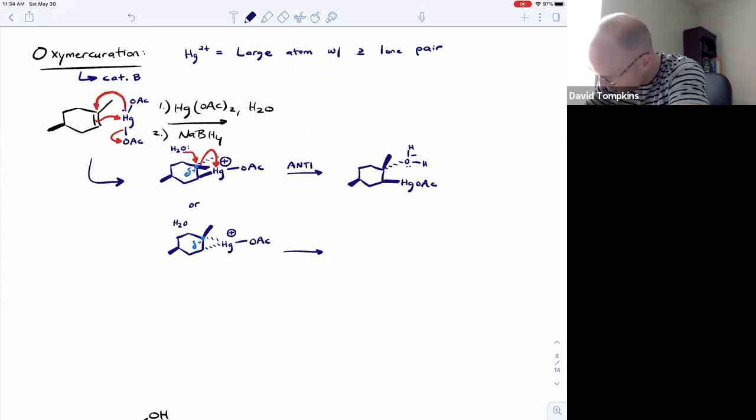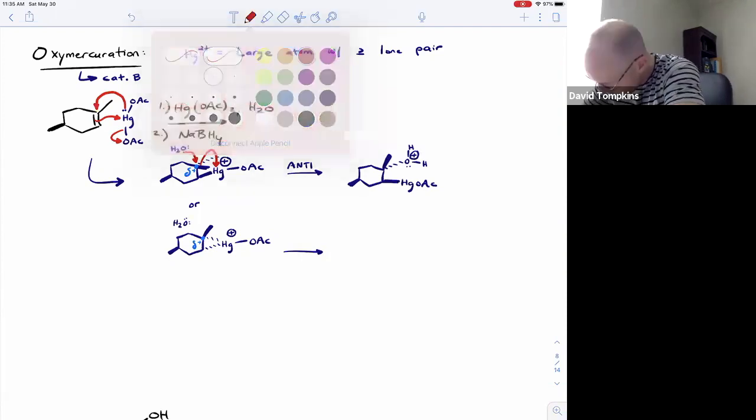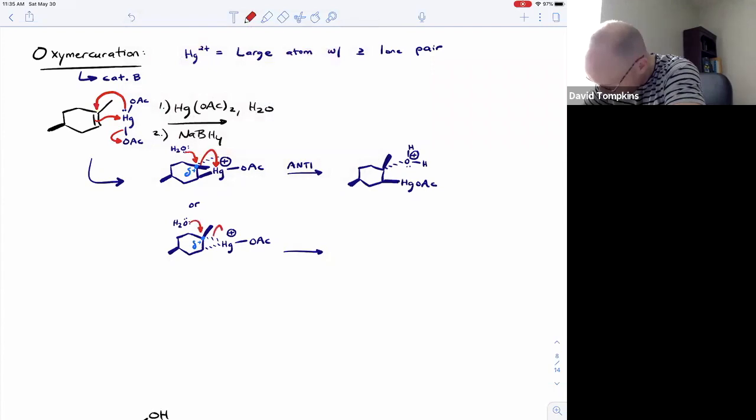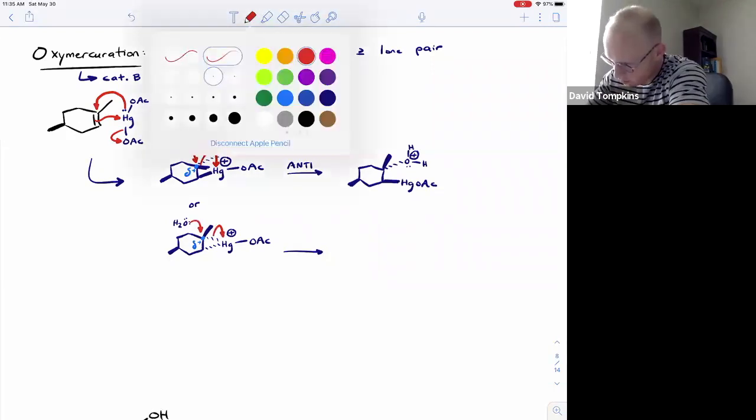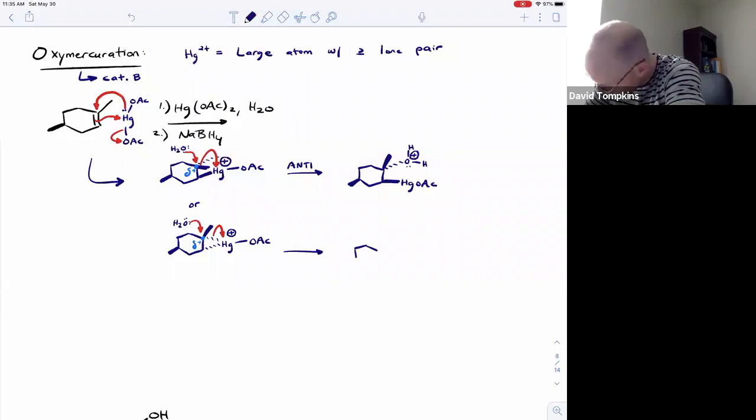And you get stereochemical inversion there. So the same mechanism for the other diastereomer of the intermediate is water attacks that tertiary carbon and gives a lone pair back to neutralize mercury, where mercury was in a bridge on the back, and therefore water will attack from the front, pushing the methyl group down.